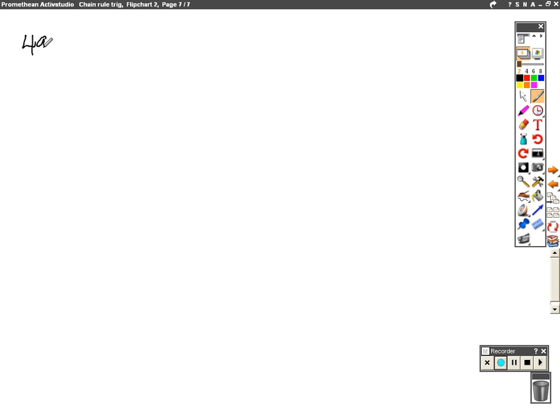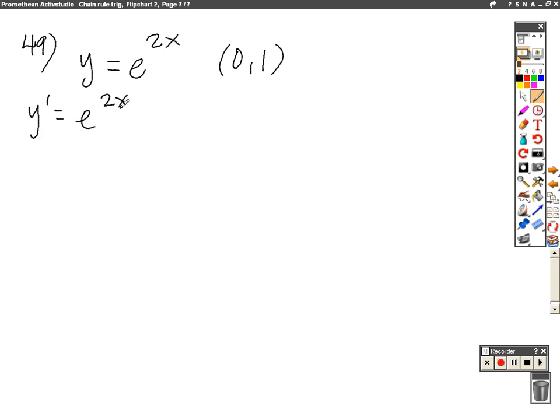In problem number 49, you are given the function y equal to e to the 2x, and you're asked to find the slope of the line tangent to the graph at the point (0, 1). In other words, they want us to find the derivative at x equal to 0. Notice that this is an e function, so remember when you find the derivative of e to a power, it's e to the power multiplied by the derivative of the power, and in this case the derivative of 2x is 2.